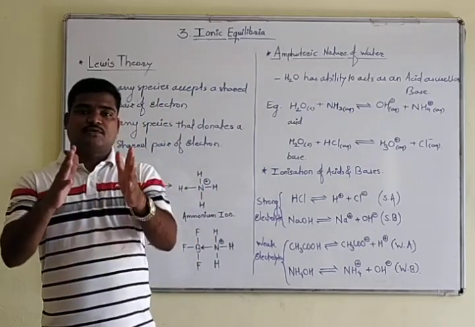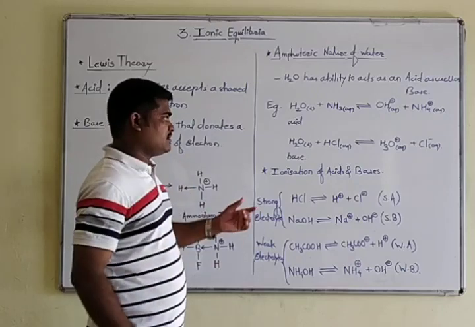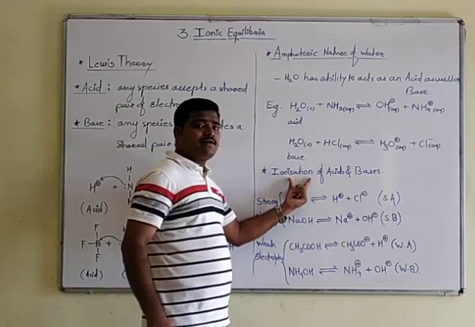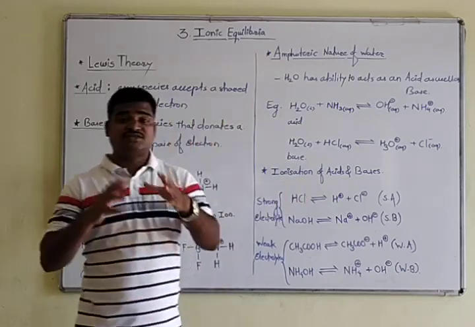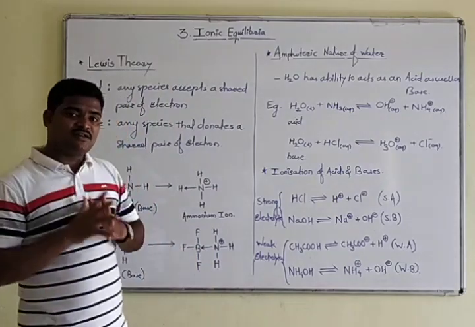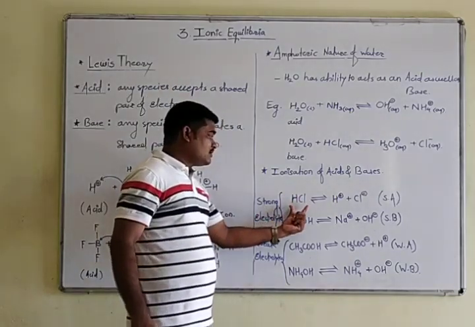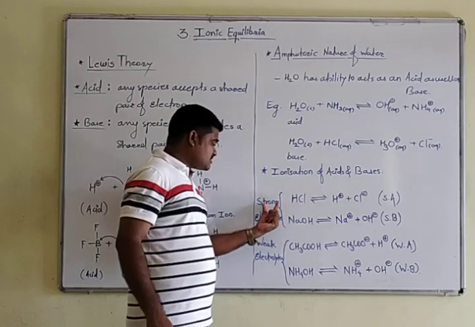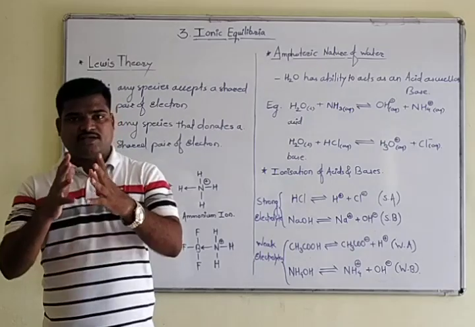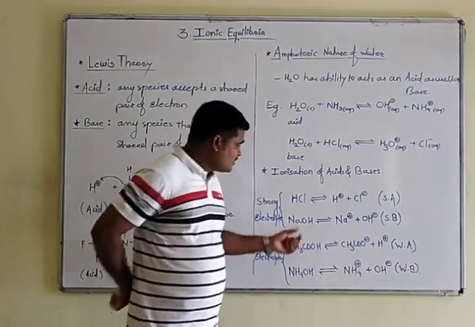All these concepts we cleared in the last lecture, but today we are going to look in detail at the ionization concept for acids and bases. This is different from classification. Here we have taken some strong electrolytes, one example for an acid and one for a base.